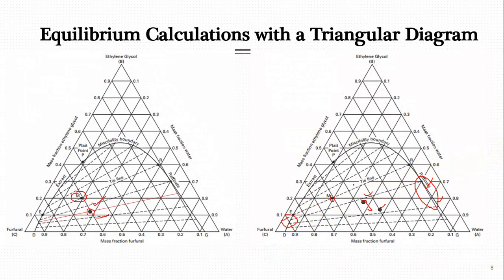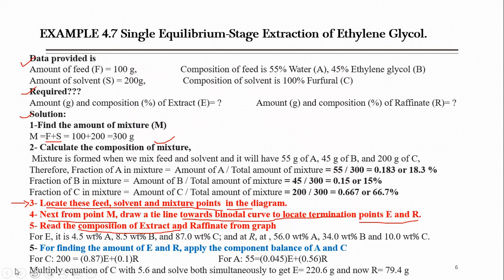Before I jump toward that point, I will show you again the solution and where it can be involved. Up to here we have discussed how you have to read the extract and raffinate compositions. Now you have to look at finding the amounts E and R. For finding the amount of extract and raffinate, we applied component balance, and you already know we applied these two component balances for component A and component C, and solved these two.